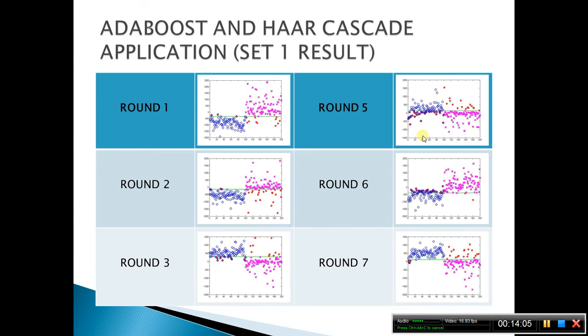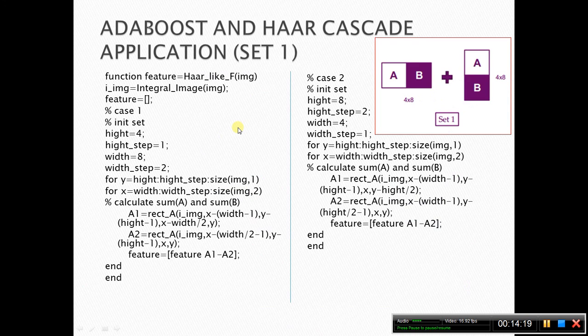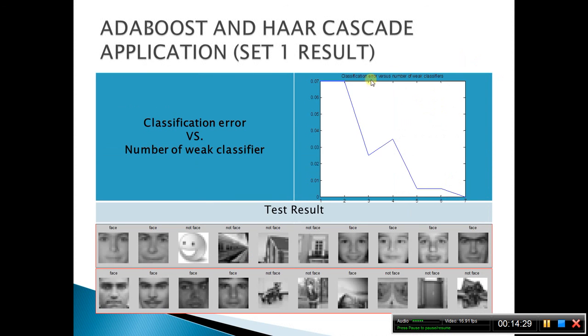Here is the result of the rounds. I only show round 1, round 2, round 3, round 5, 6, and round 7, from my coding and simulation in MATLAB version 11. And here is the classification error result and the number of weak classifiers.